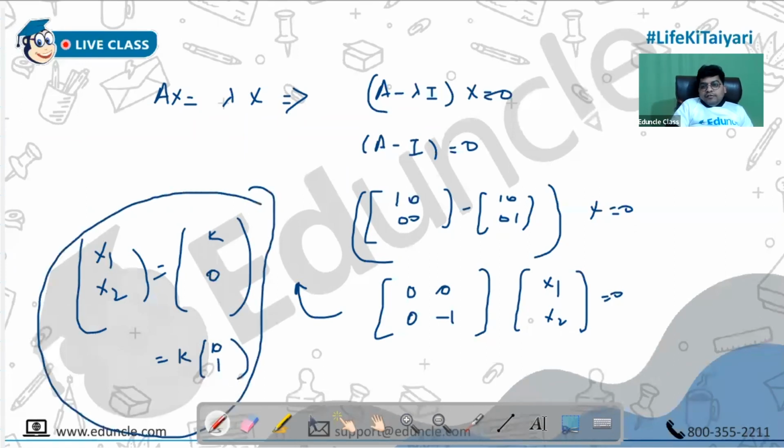So these are the eigenvectors. You can find the number of linearly independent eigenvectors also, or the number of eigenvectors. Done. So eigenvector and eigenvalue is clear. Next.